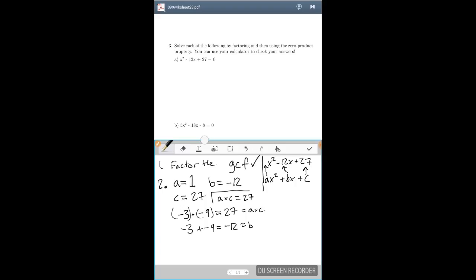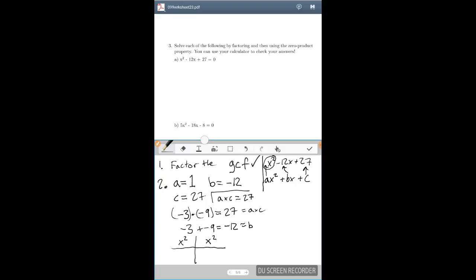Great. So here's the extra tricky part. Now what we want to do is create a little table here. So we're going to create a table. All right. And in the first row, what we're going to do is put our first term here, x squared and x squared, because that's what we have right up here.